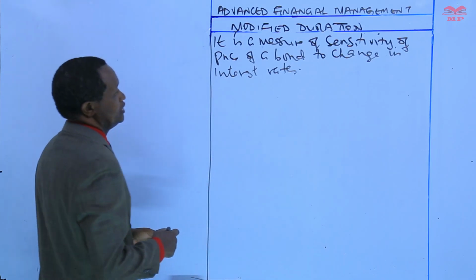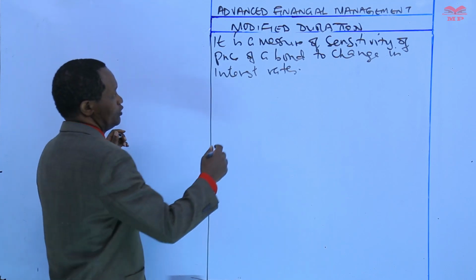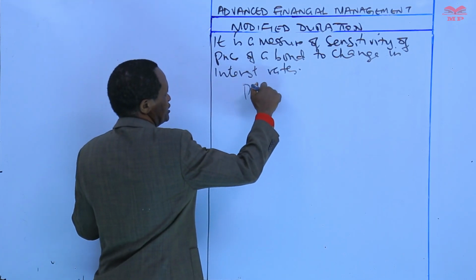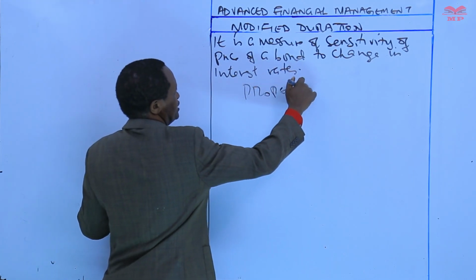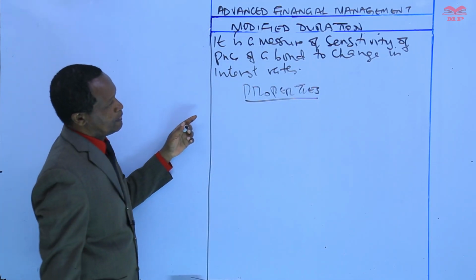And just like we did in the simple Macaulay duration, we are going to highlight the properties. What are the characteristics of modified duration?